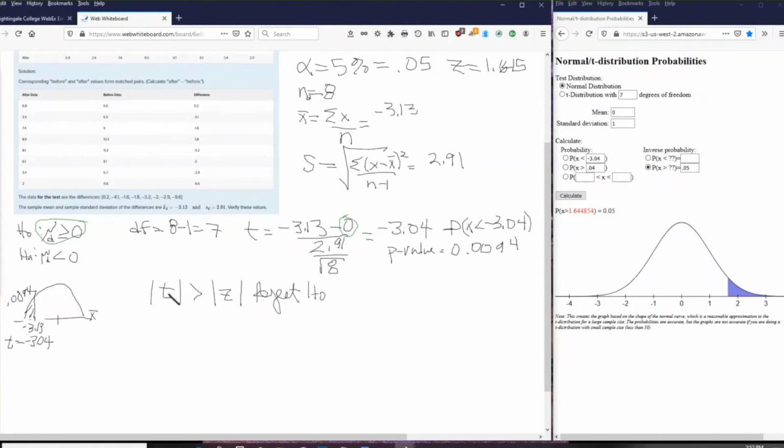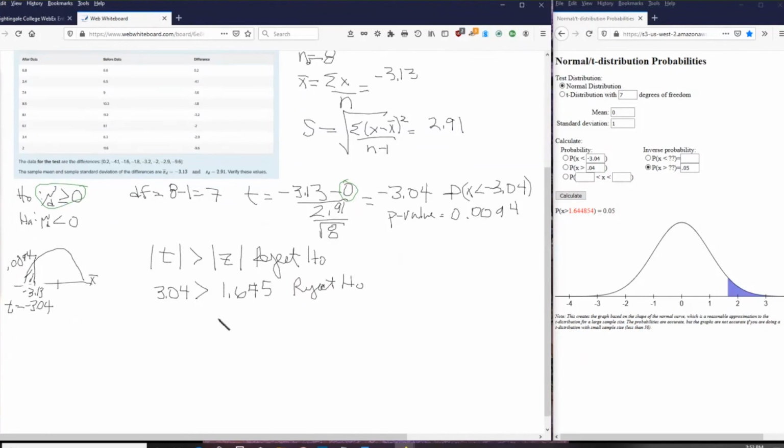If I get the absolute value of my t-score, that's going to be positive 3.04. My z-score was a 1.645. My t-score is greater than my z-score, so that's going to tell me to reject my null hypothesis.